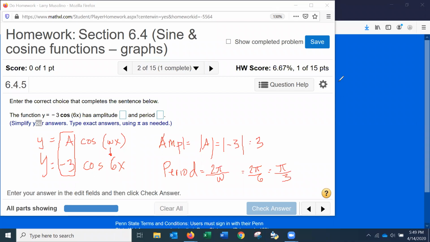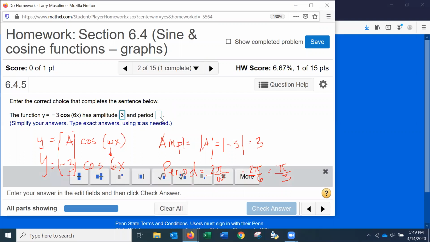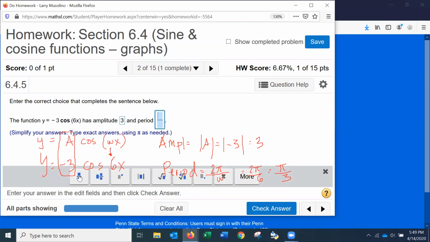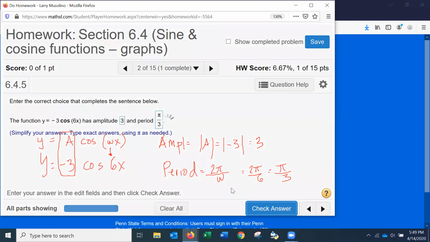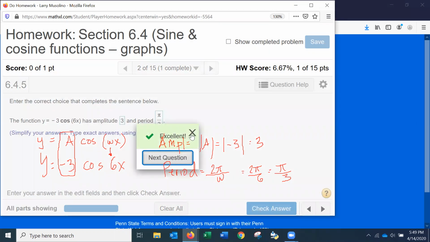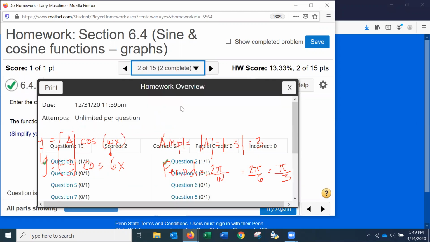So that's the response for this one. The amplitude here is 3, and the period is pi over 3. And down on this menu, I can grab the pi symbol. So I'll write it as pi over 3. Okay, let's jump to another example.